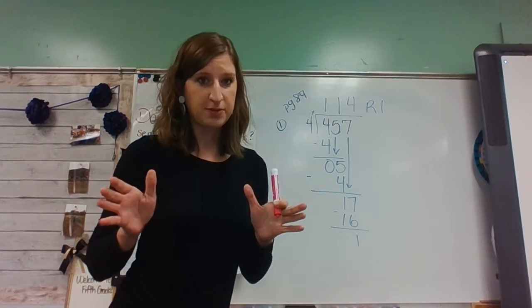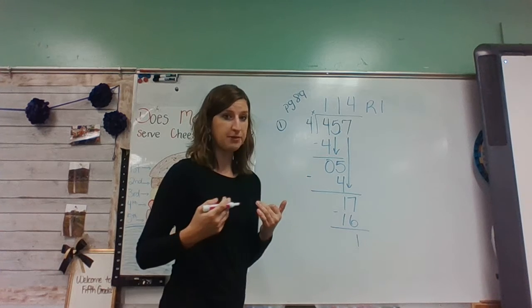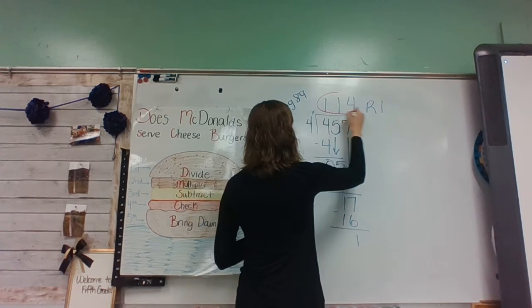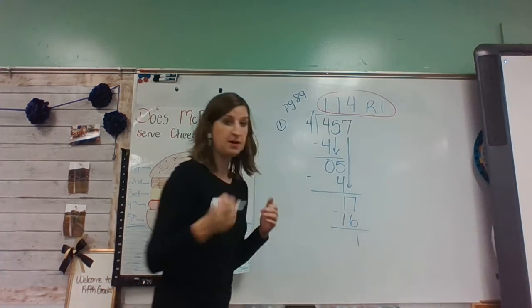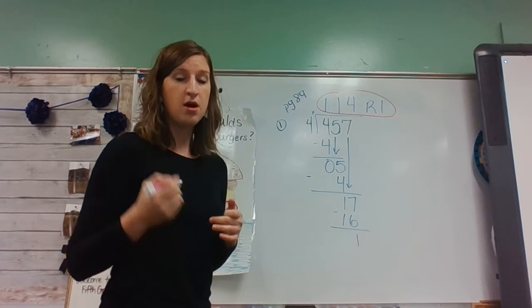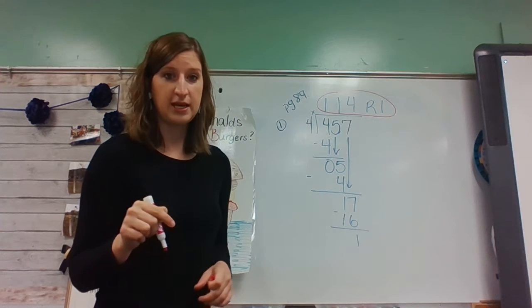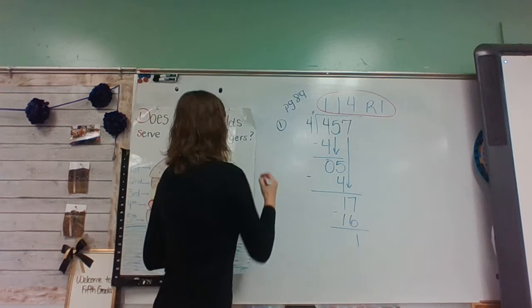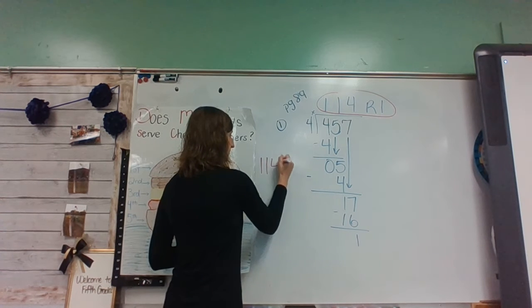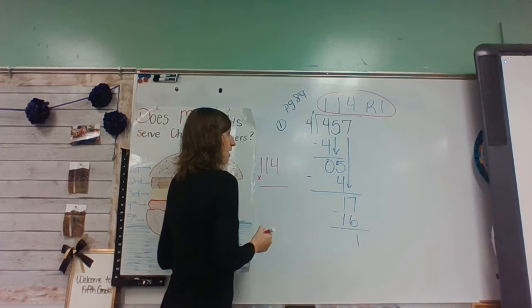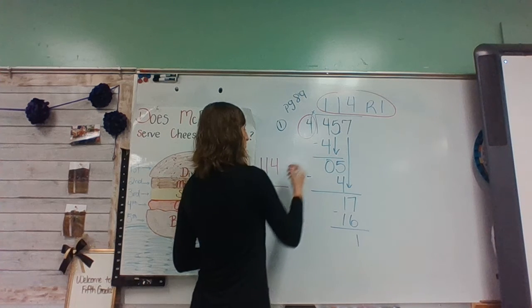If I want to make 100 on my test, what I would do is take this number. That's the number I'm going to focus on. We're going to look at the 114 right now only. So if I take 114 and I multiply it times 4.